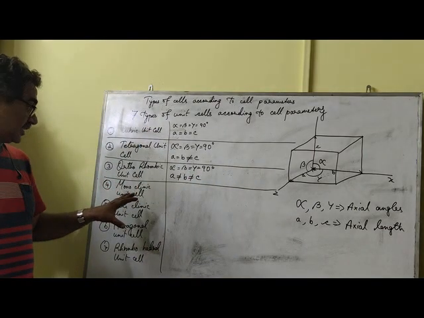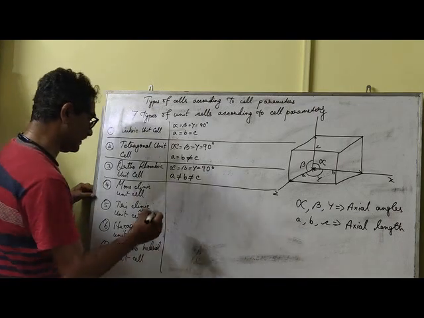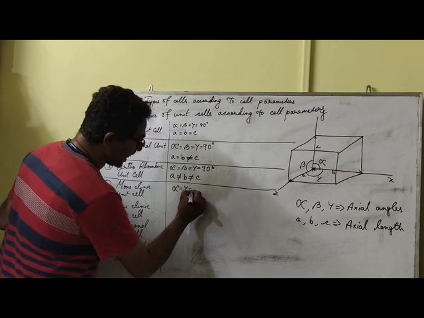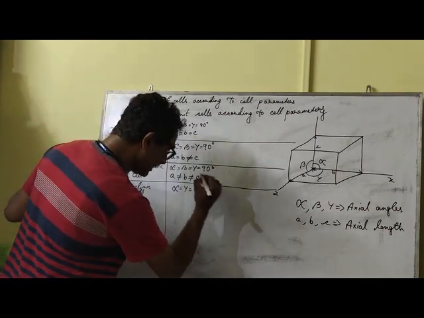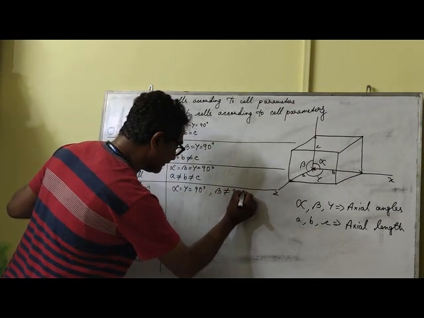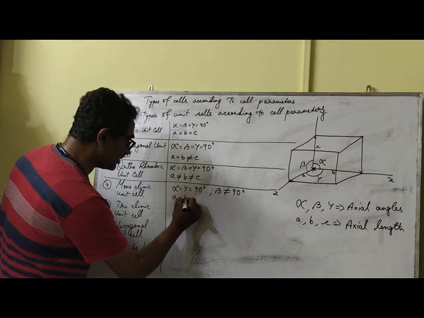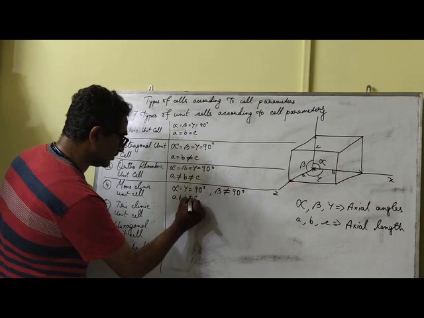Now, the monoclinic unit cell. In the monoclinic unit cell, alpha is equal to gamma, which happens to be 90 degree. However, angle beta is not equal to 90 degree. And the axial lengths are all different as usual, just like the previous unit cell.